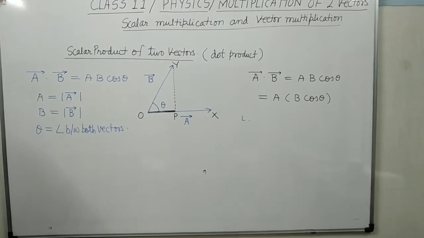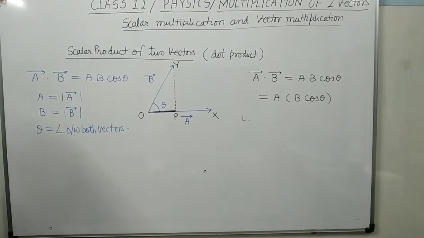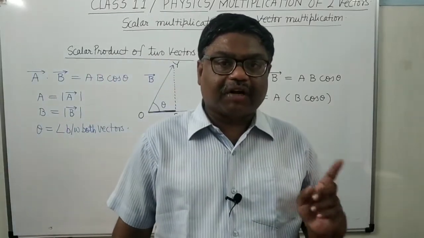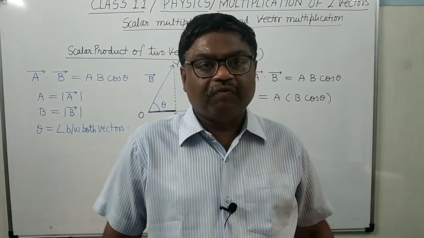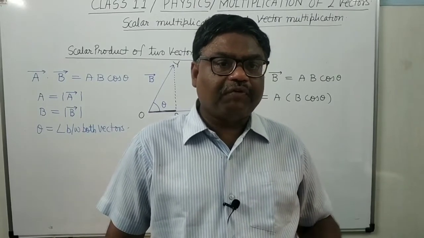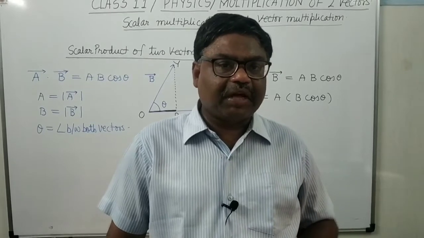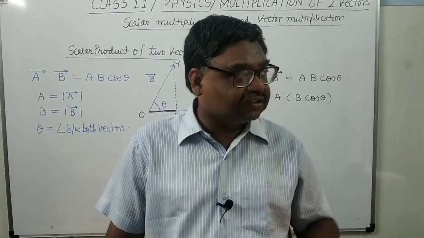It is clear? It means that in order to find the scalar product of two vectors, we multiply their magnitudes when both vectors are in the same direction. How will you get them in the same direction?